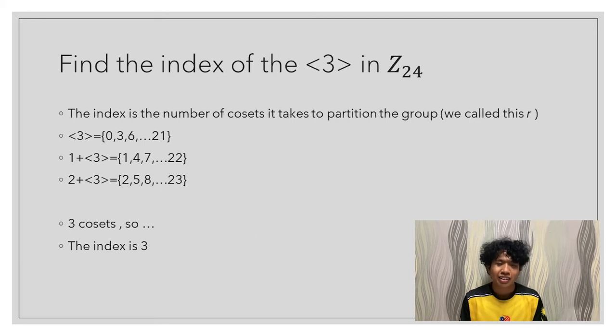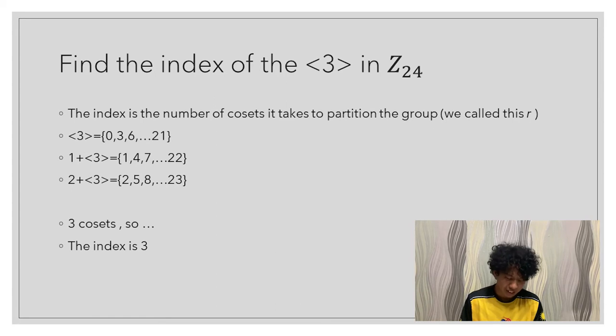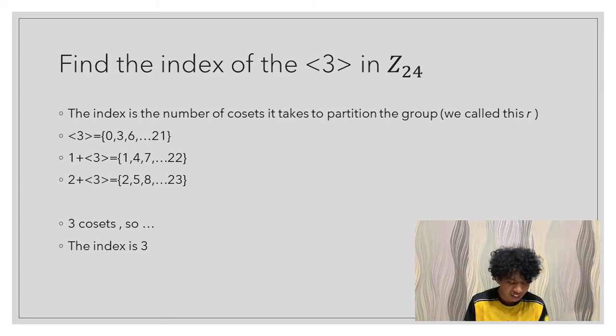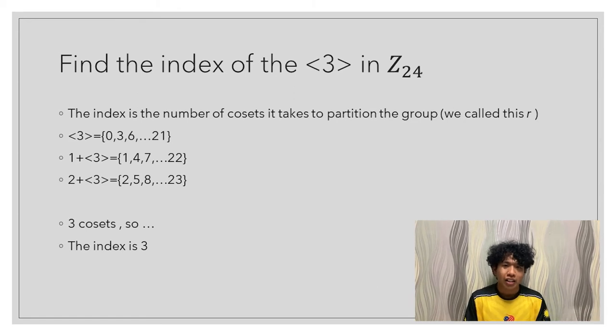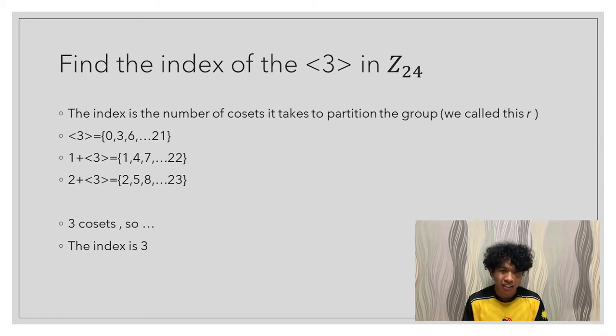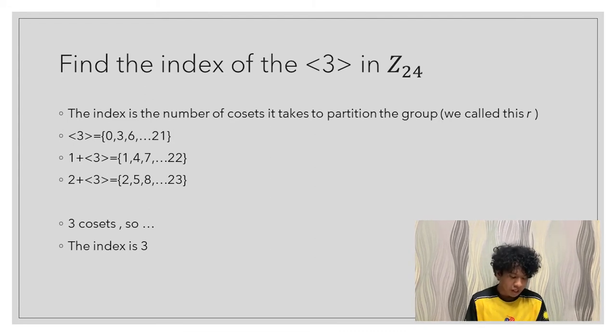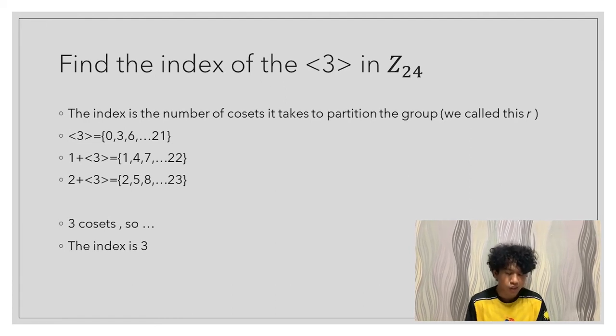Last but not least, when we talk about cosets, we have to know what the index is. The index is the number of cosets it takes to partition the group. Let's find the index of the subgroup generated by 3 in integers modulo 24. The subgroup generated by 3 in integers modulo 24 is 0, 3, 6, and the largest number is 21.